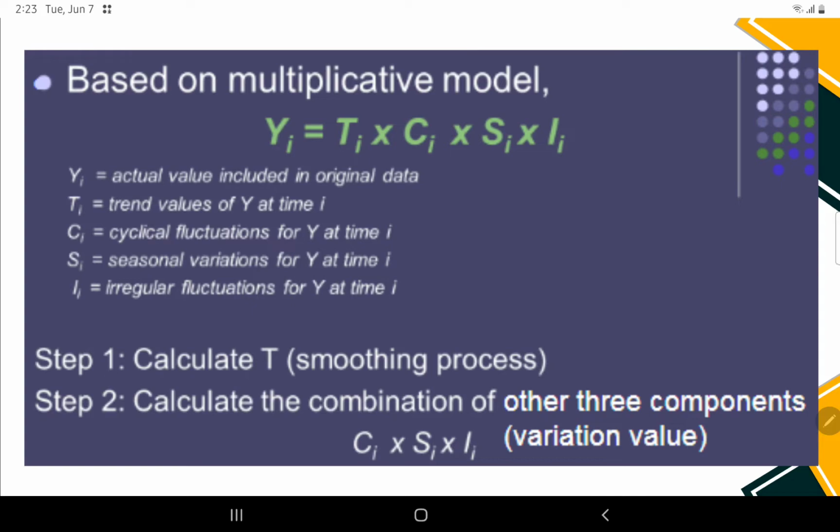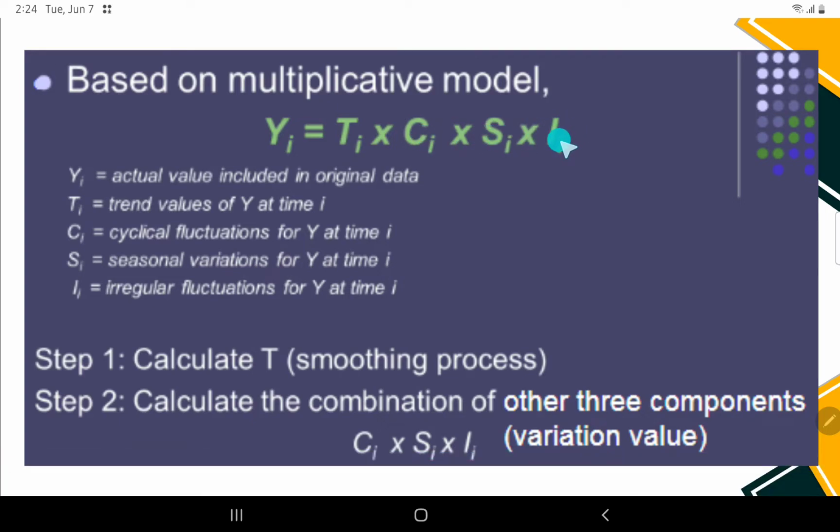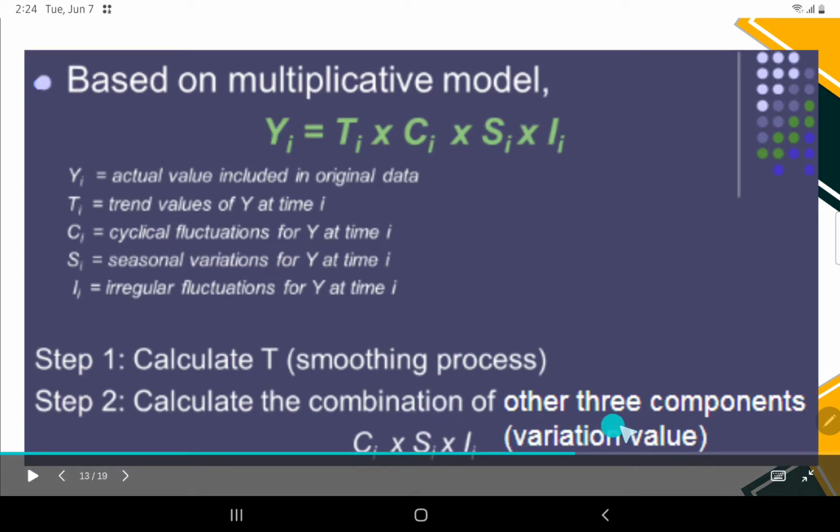Okay, how to find this model? Dalam model ni kita kena cari T, C, S, I ni semualah. So, first step is calculate T. To calculate T nanti saya akan tunjukkan macam mana. And then, when you found the value of T, step 2, calculate the combination of the other three components, which is C, S, and I. C, S, I is the variation value.